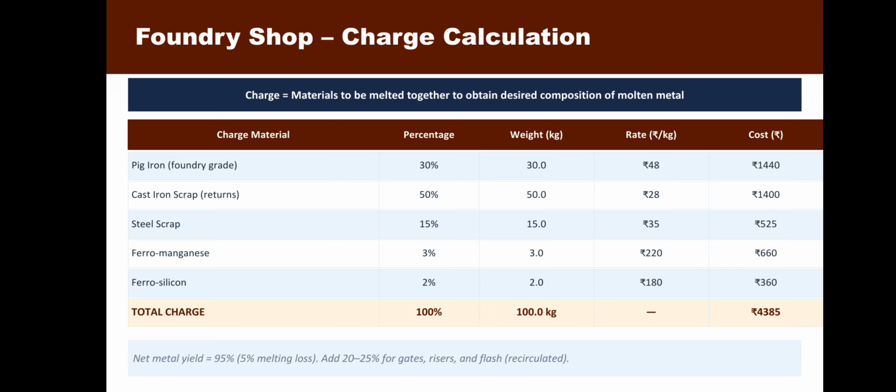That means 5% melting loss, added to 20 to 25% of gates, risers, and flash. That means the recirculated metal value is also calculated by adding together the percentage, weight, and cost in the charge material.